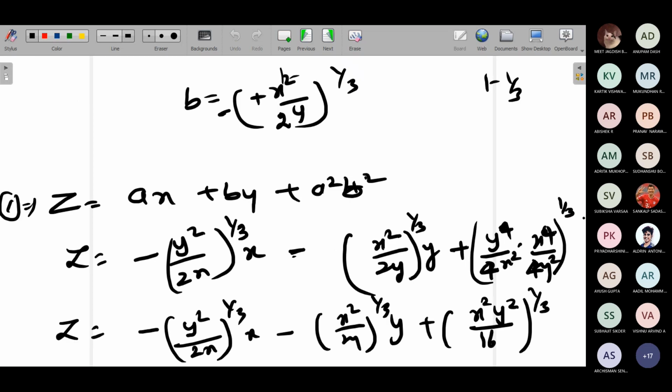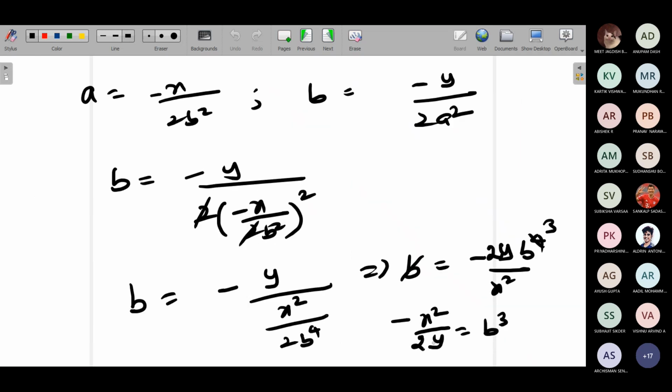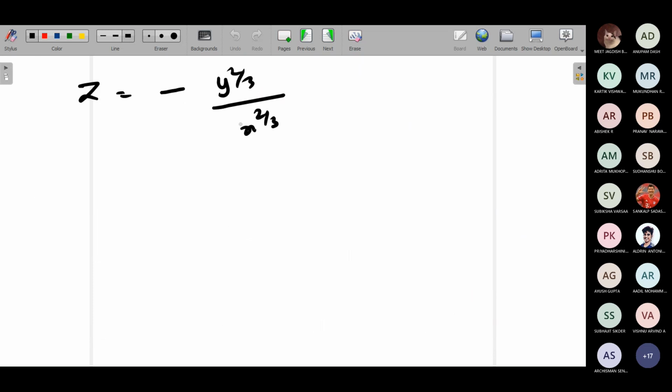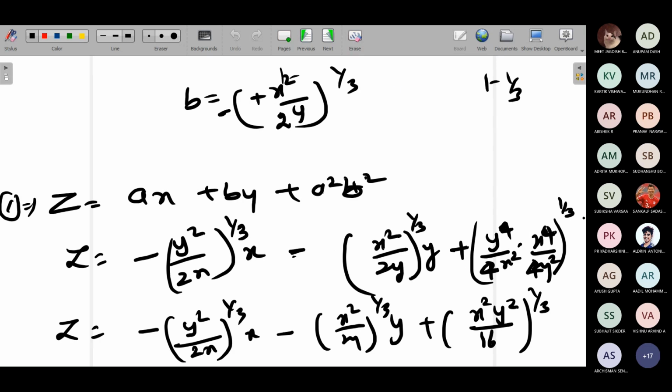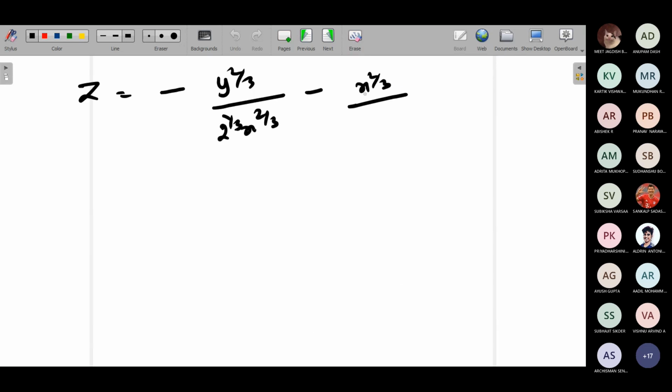What about the 2? 2 will be 2 power 1 by 3. I can write it as 2 power 1 by 3 itself. What about the next term? I think I'll get x power 2 by 3 again by 3 into y power 2 by 3.